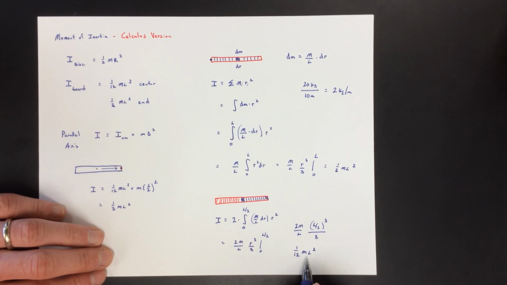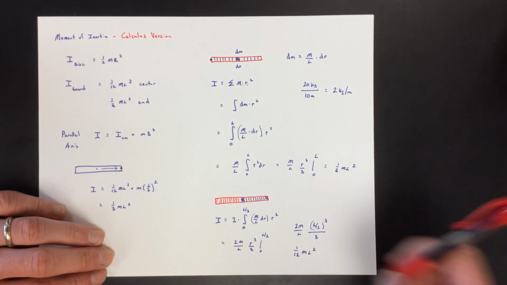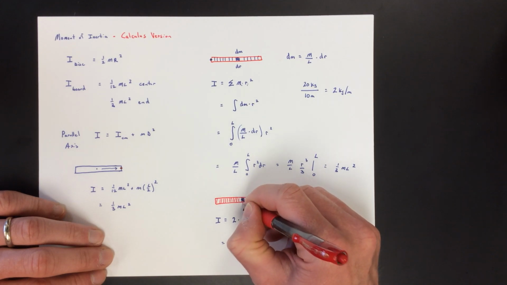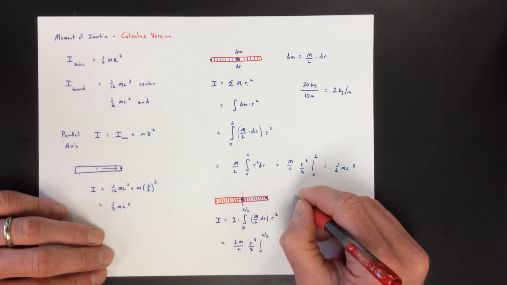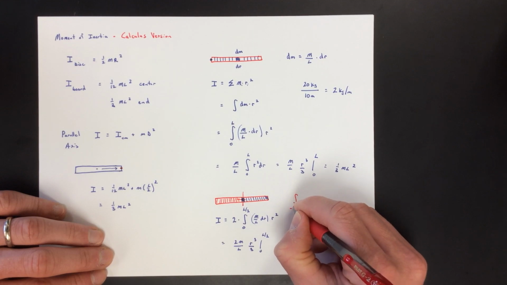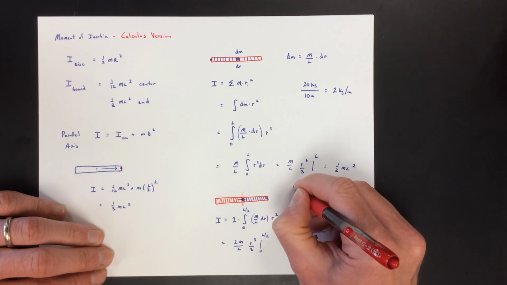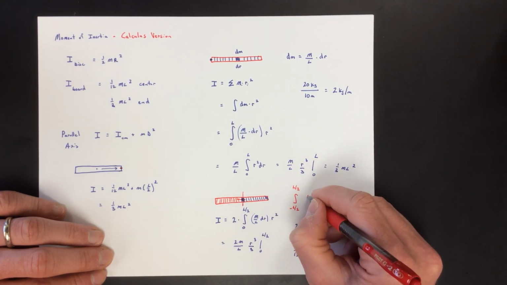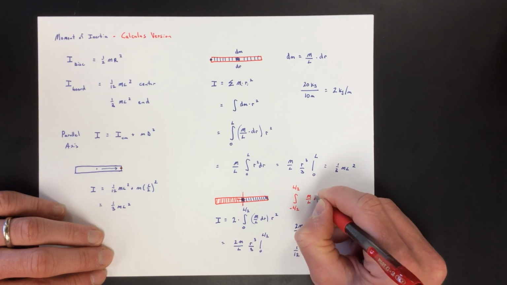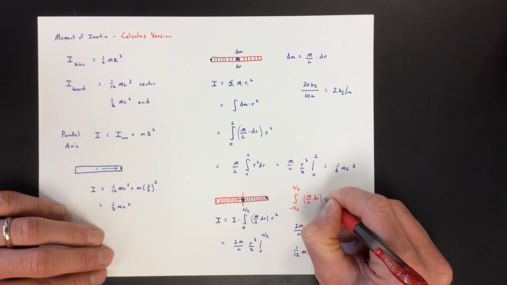Hopefully that sounds okay. And again, this too is the fact that the blue contribution and the red contribution are symmetrical. I've seen people do that if they put an origin here, they actually integrate from negative L over 2 to L over 2 of this integral, m over L dr r squared.